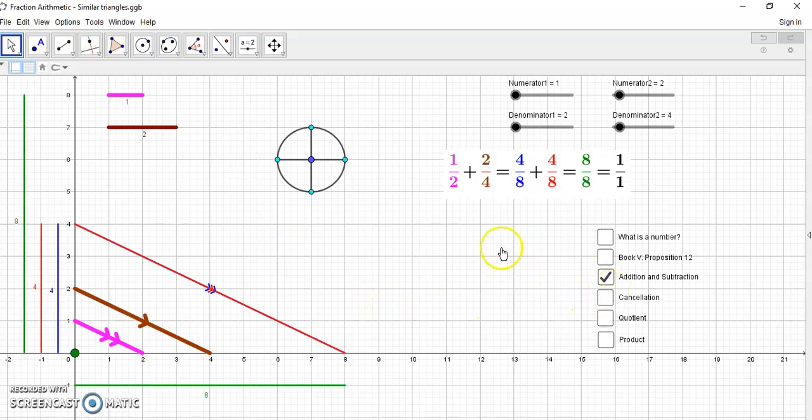So we can represent this using similar triangles as you see over here in this construct. I'll place a link to this applet and you can play around with it in your own good time. Now, as you can see, 1/2 is represented by this vertical line and this line segment here.